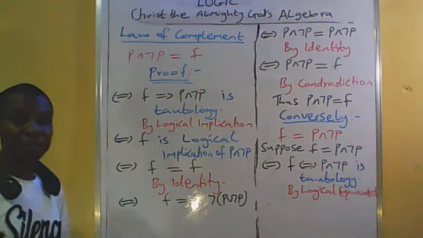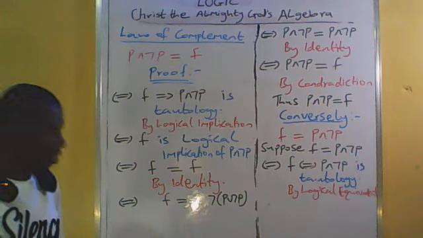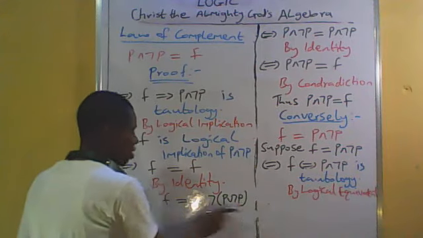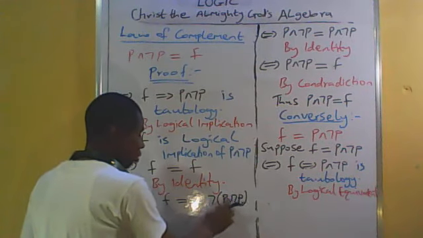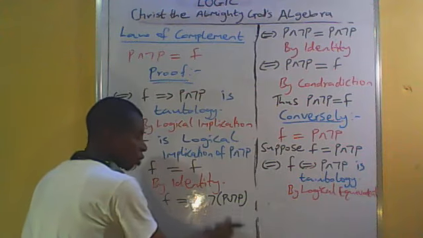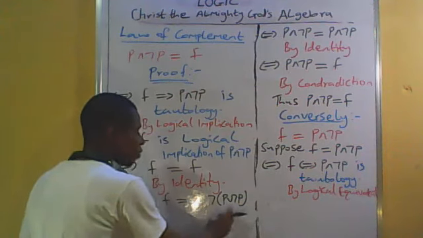That means the negation of the law of excluded middle is equal to F. Because when you negate this statement, P or not P, which gives us truth throughout, a tautology throughout, when you negate it, it gives us contradiction throughout.